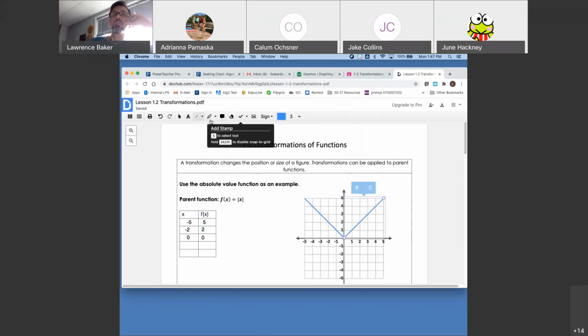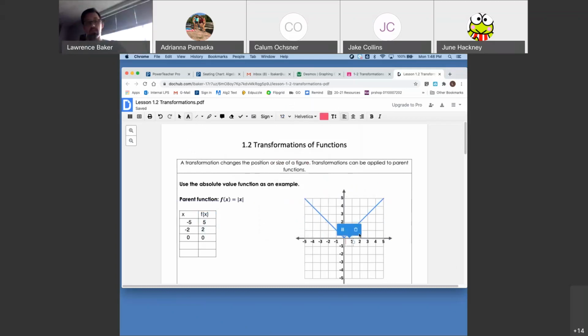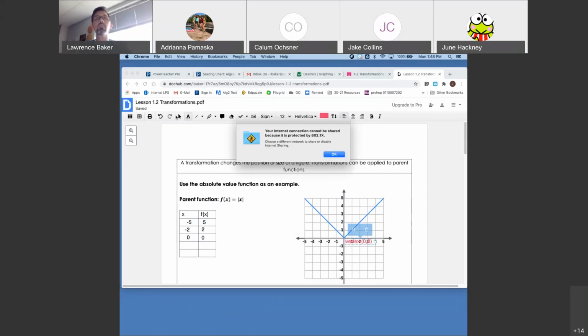If you need to, then come in here and say, okay, there's my vertex. It's 0, 0. Something like that. If you can't see that, you can drag that. That's probably what I'd be doing, Kenzie, if I were you.